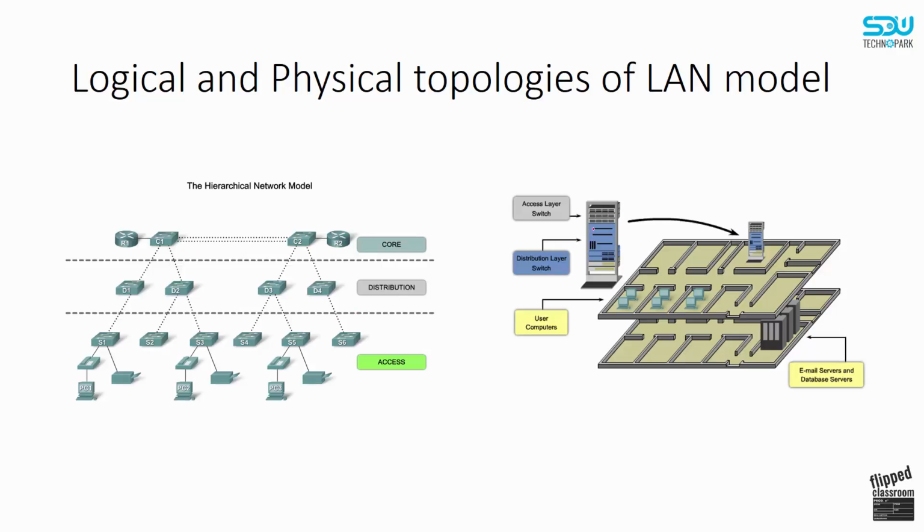But if you take a look at the physical topology, you may find out that all of these devices can be placed in a single rack. So all of the access layer switches, distribution layer switches, and core layer switches can be connected in a single rack in the physical topology.